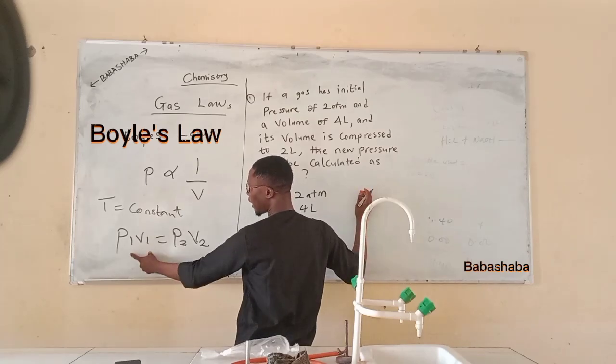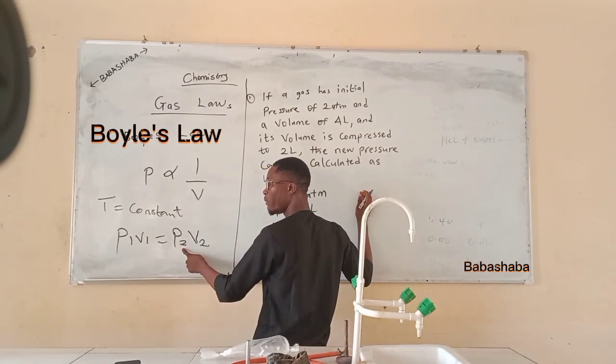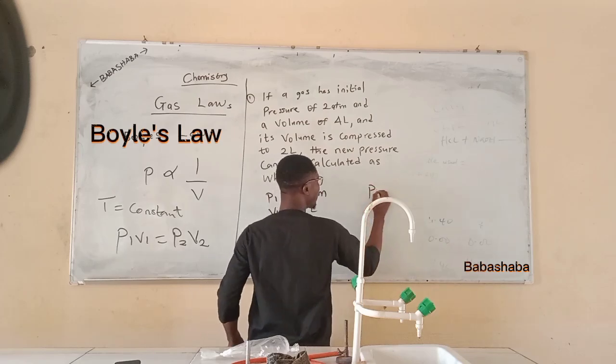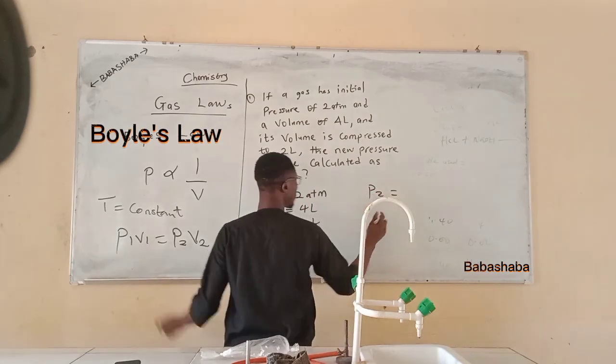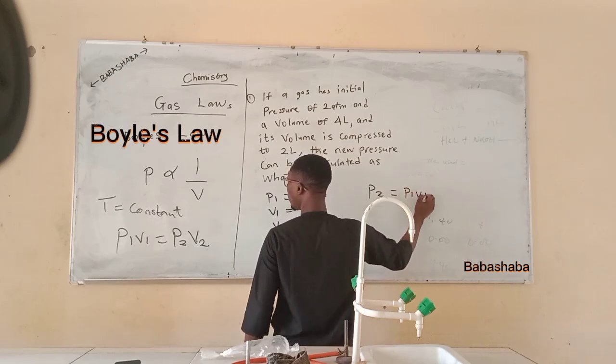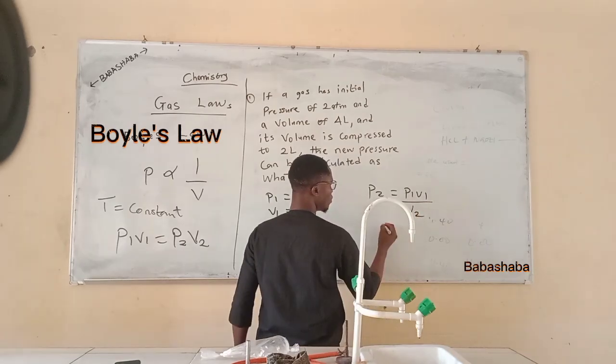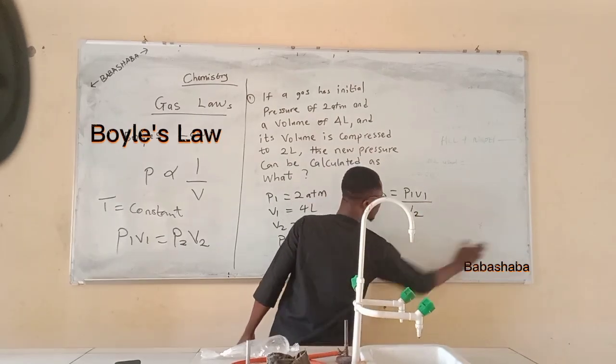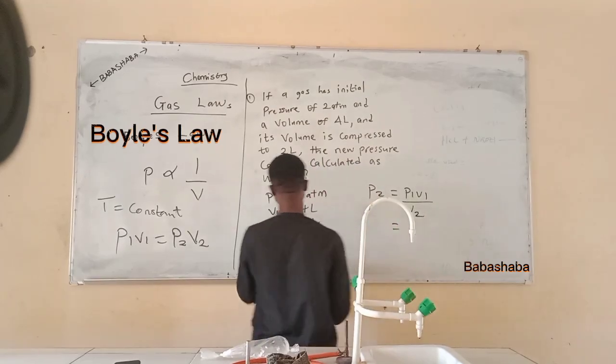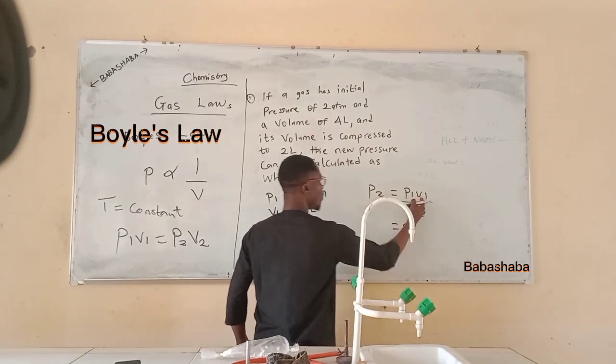Since we are looking for P2, we'll make P2 the subject of the formula. That's your elementary mathematics. You'll have P2 is equal to P1 V1 over V2. Are we together? So what's my P1? My P1 is 2. What's my V1?